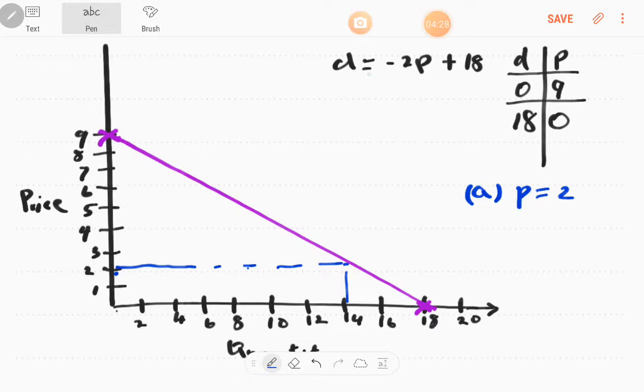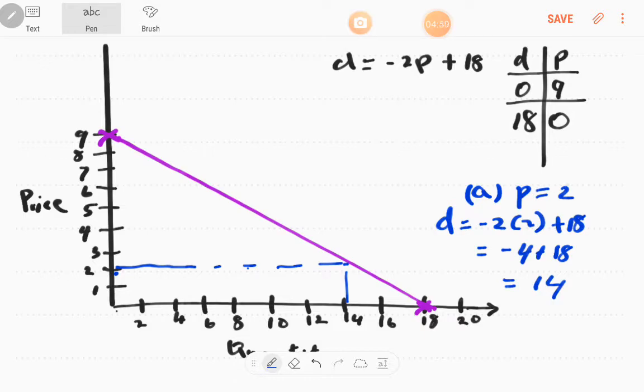So in the equation, we could put in 2 and see what the quantity demanded is. So we'll have D equal to minus 2 times 2 plus 18, so that's minus 4. Plus 18, so the quantity demanded is 14.